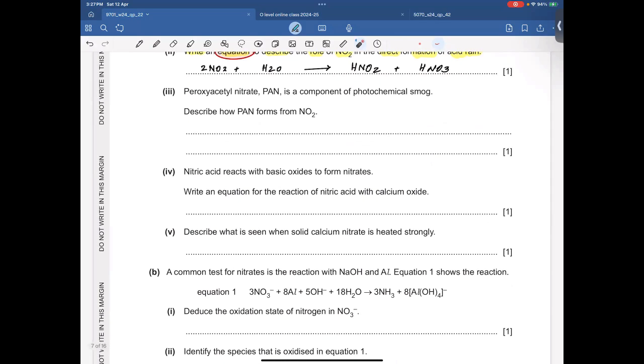Peroxoacetyl nitrate, PAN, also called photochemical smog. Describe how PAN forms from NO2. So photochemical smog is always formed when unburnt hydrocarbons and NO2 react together in the atmosphere.